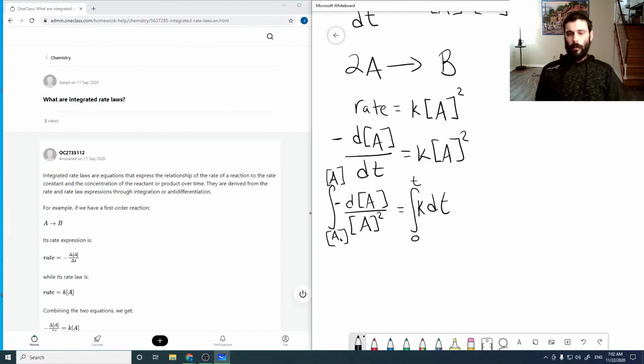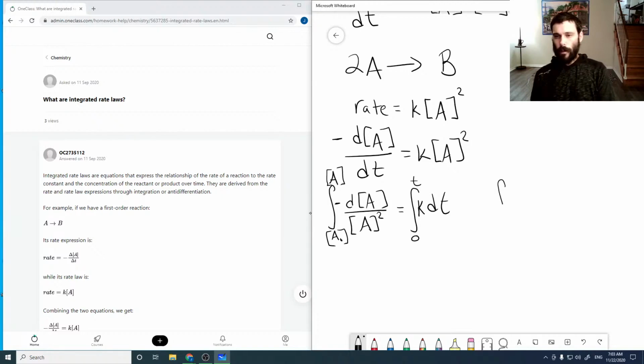Okay? So when we integrate 1 over A squared, we can just use our typical integral or any derivative that everyone should remember, where you add 1 to your power and divide by it. Now, I'll rearrange this a little bit to make it more obvious.